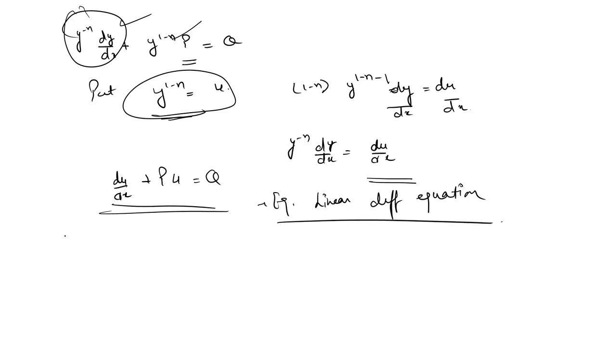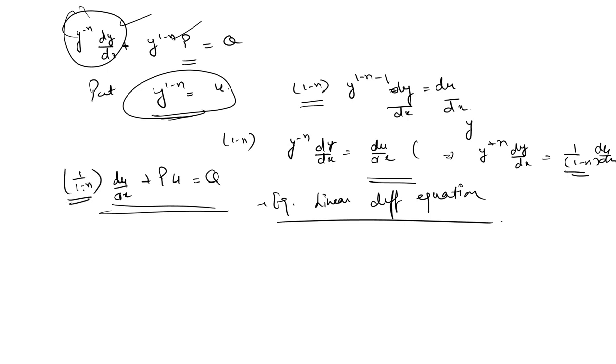So what is the solution of this equation? As we have done earlier, here one thing is pending: this term (1-n) comes over here. It does not affect too much because n is a constant, so this term would be a constant. It can be easily rearranged. So how can you solve this linear differential equation by the previous method?